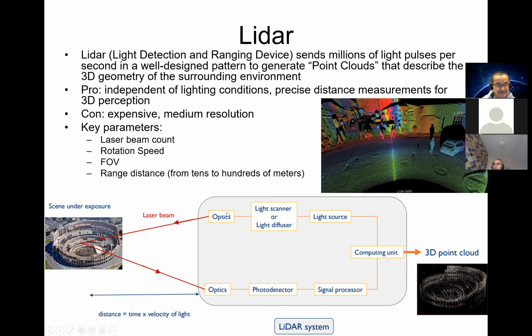You have the optics device sending out laser beams reflecting off an object back to the device, which receives the reflected laser beam and detected by the photo detector and processed by the signal processor. The computing unit takes the time difference from emitting the light beam and getting the reflected light beam back and computes the distance to the point, to the object. So a very simple principle.